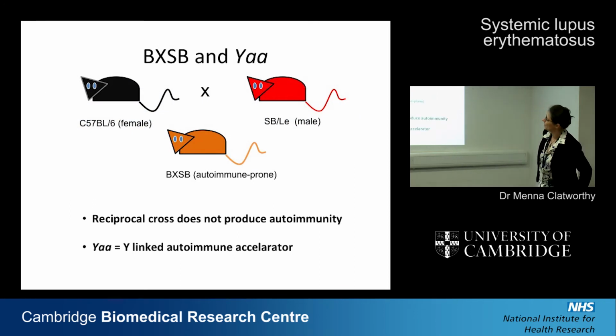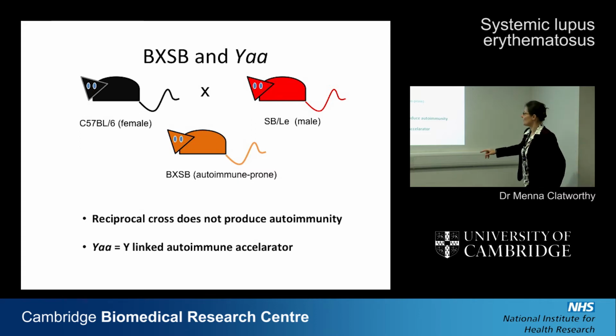What experimenters observed was that if you crossed a black 6 mouse, which is just a standard controlled strain, if you cross a female black 6 with a male SBLE, which is another one of the inbred strains, the resulting offspring, which were termed BXSB, got autoimmune disease. They developed anti-nuclear antibodies and had other features of lupus. But if you did the cross the other way around, a black 6 male to a BXSB female, those mice didn't get accelerated disease.